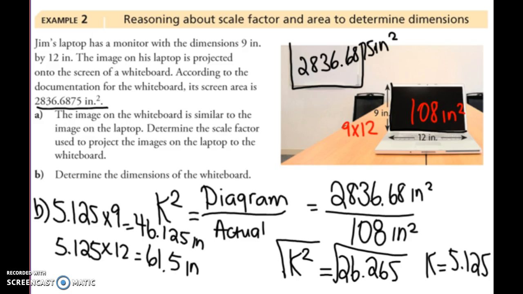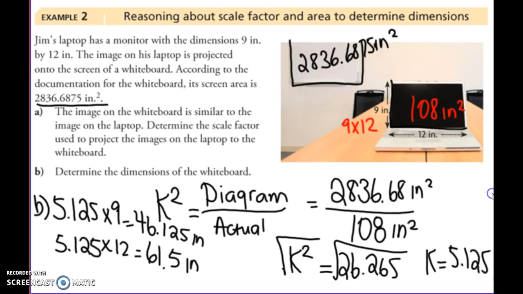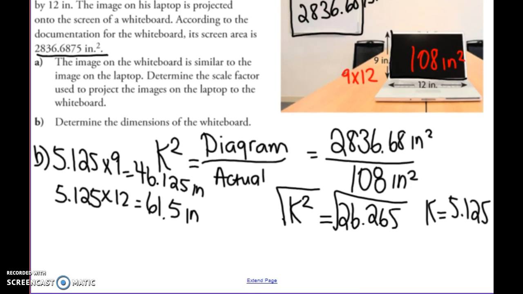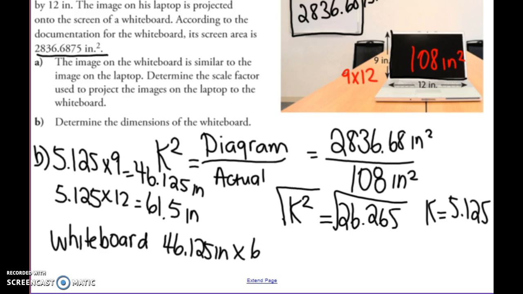So the laptop has measurements of 9 by 12, whereas the whiteboard is 46.125 inch by 61.5 inch.